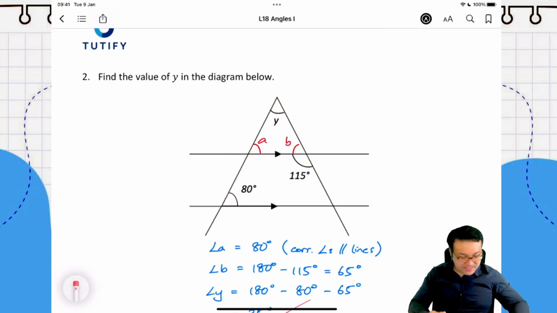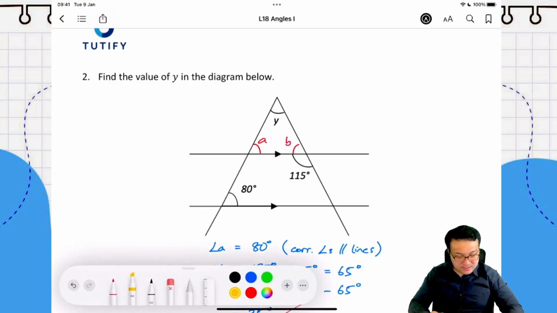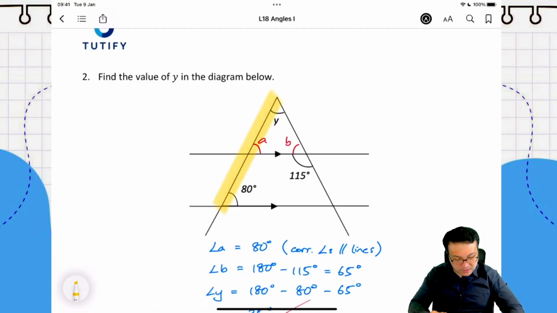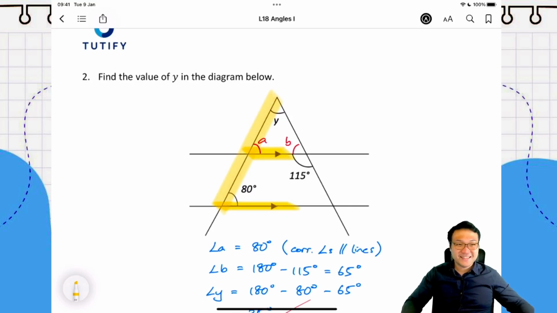So over here I decided to use a letter F, upside down alphabet F. Then I straight away get angle A. Okay, Alistair? So we can actually use different methods for this question.